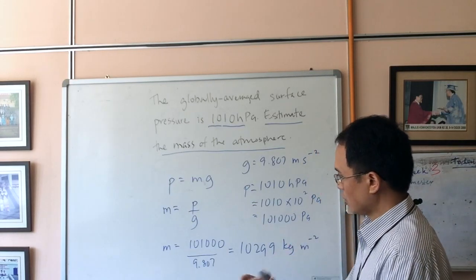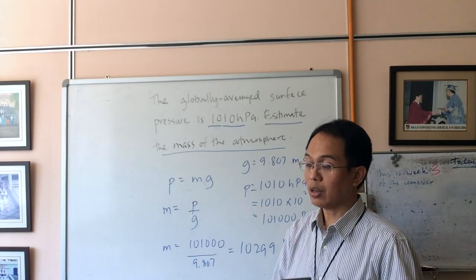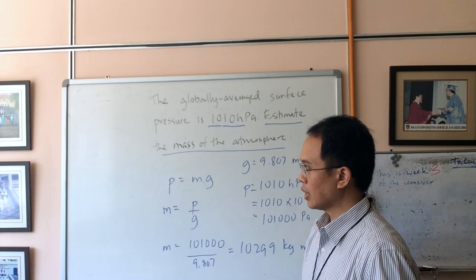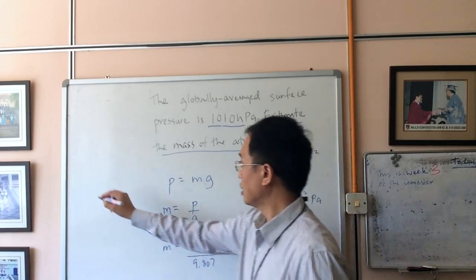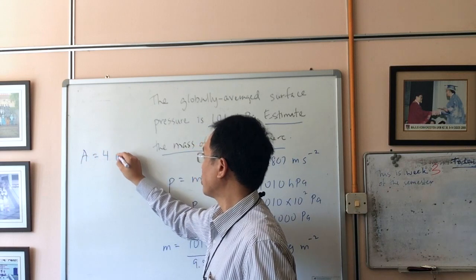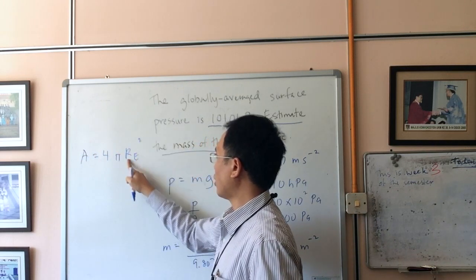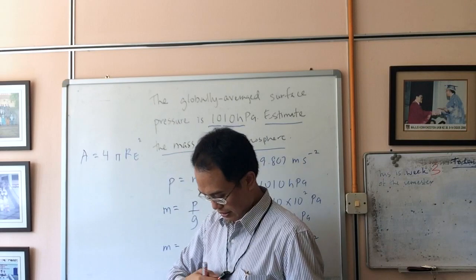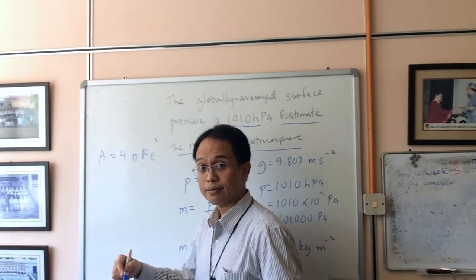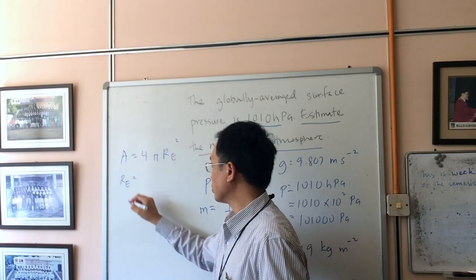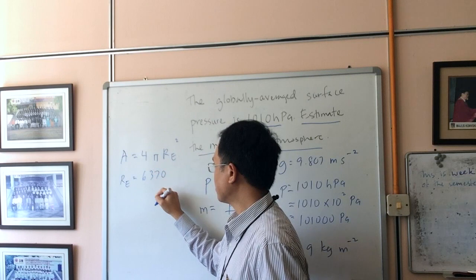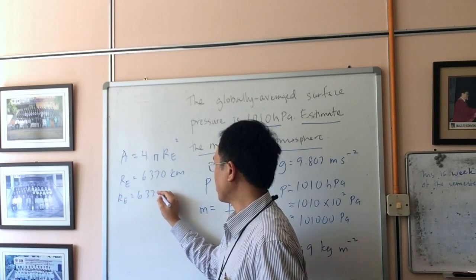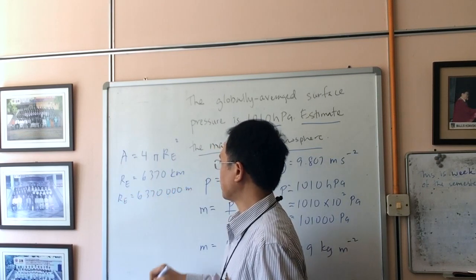Now we want to calculate the mass for the entire globe or for the entire Earth. So we need to know the surface area of the Earth. We can do that by using an equation to calculate the surface area of a sphere, which is A equals 4 pi RE squared. Now RE is the radius of the Earth, which we can assume to be a constant, where RE is equal to 6,370 kilometers, which is also equivalent to 6,370,000 meters.